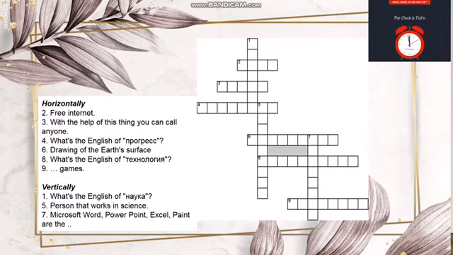Let's do the crossword. Horizontally: free internet. With the help of this thing you can call anyone. What is the English for progress? Drawing, air service. What is the English for technology? Games. And vertically: what is the English for nauka? A person that works in science.